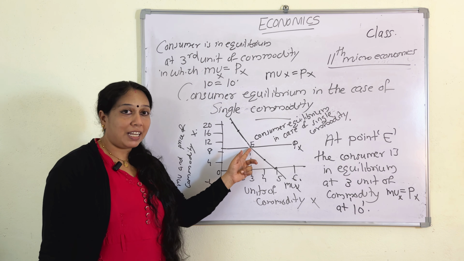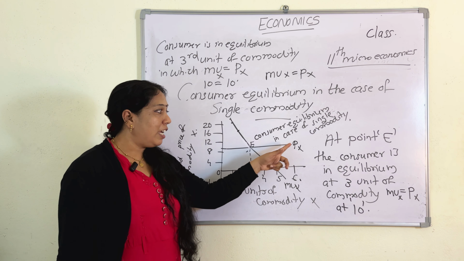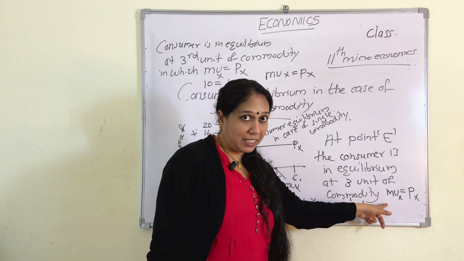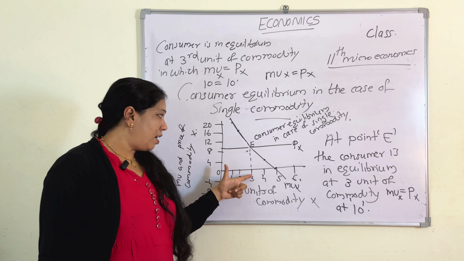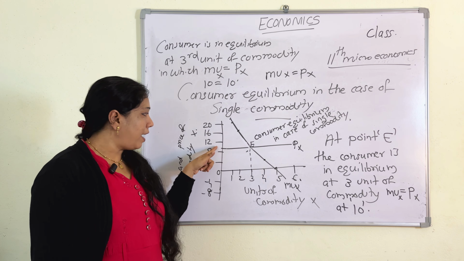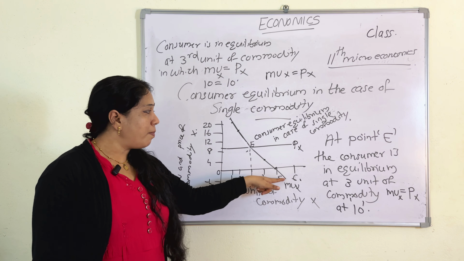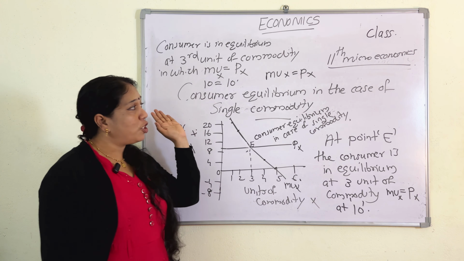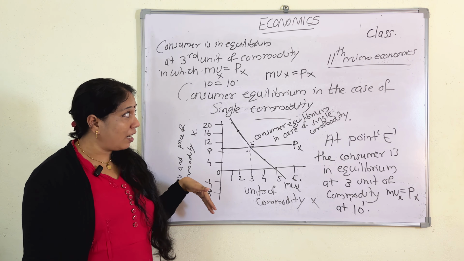So the consumer is in equilibrium at point E, in which marginal utility of X commodity is equal to PX at 3 units and both are equal to 10. Means price is also 10 and marginal utility is also 10. So both are equal. This is the consumer equilibrium condition in the case of single commodity.